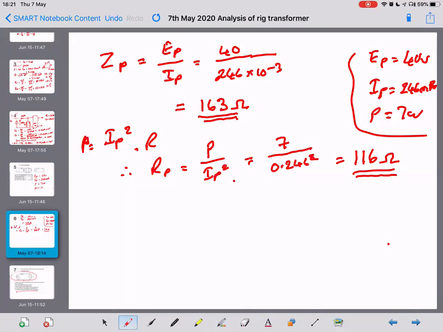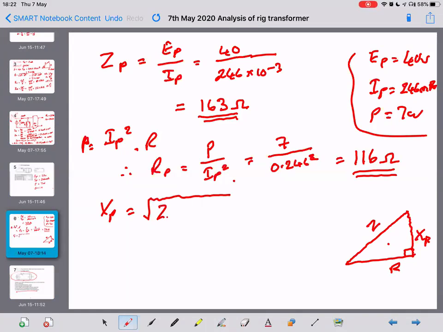Because we've got two sides of the impedance triangle: we've got Z and we've got R. So now we can find X. XP is root ZP squared minus RP squared.